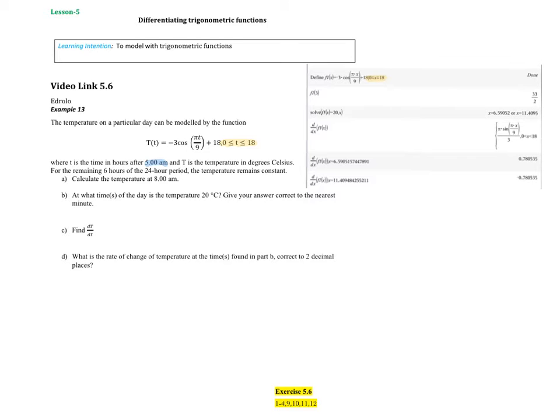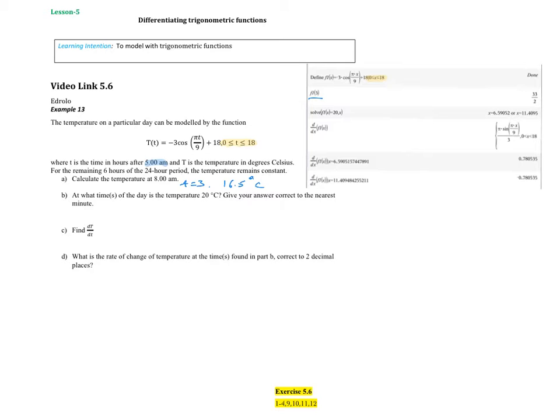Okay, so at 8 a.m. means at t equal to 3. And if t is equal to 3, f1 of 3 is 33 on 2, which is 15.5. No, it's not. 16. 16.5 degrees centigrade is my temperature.